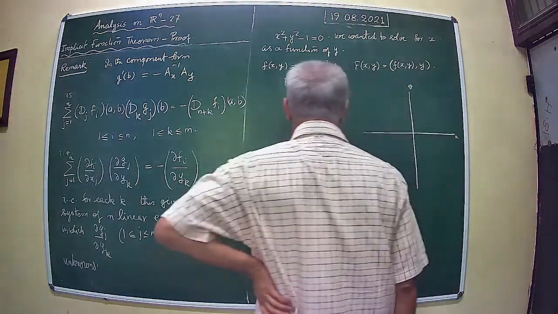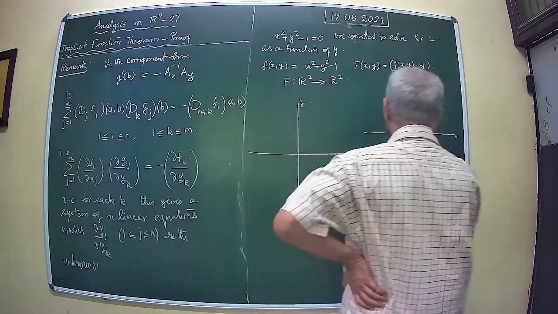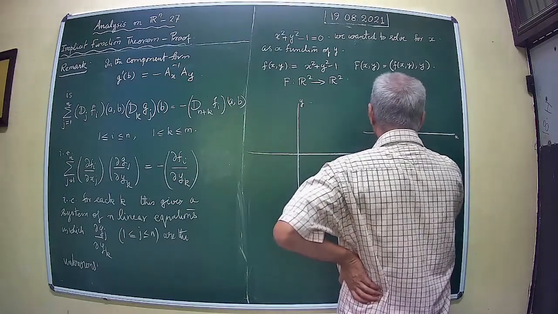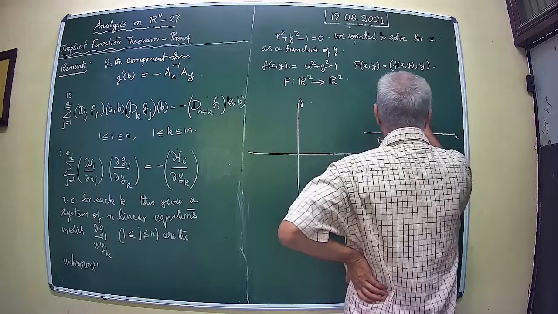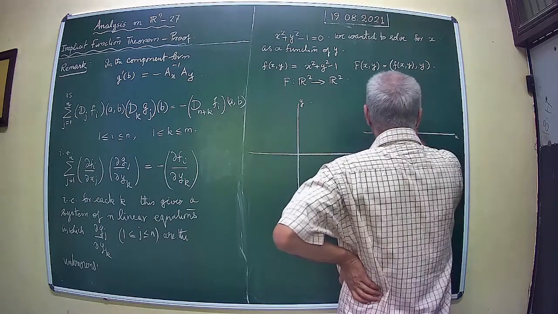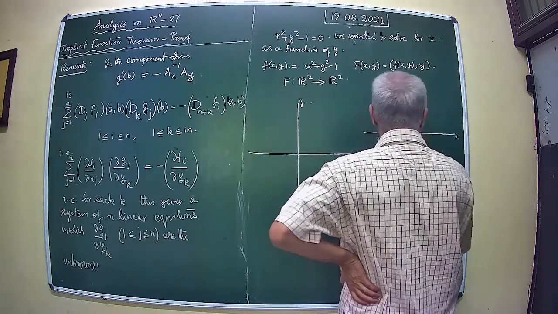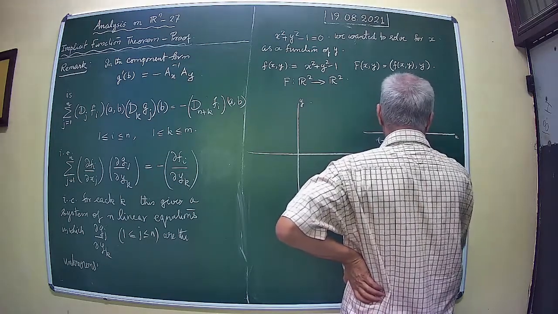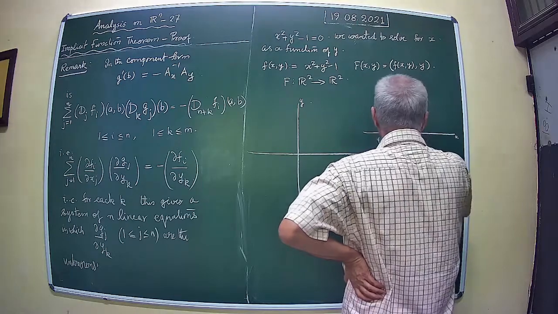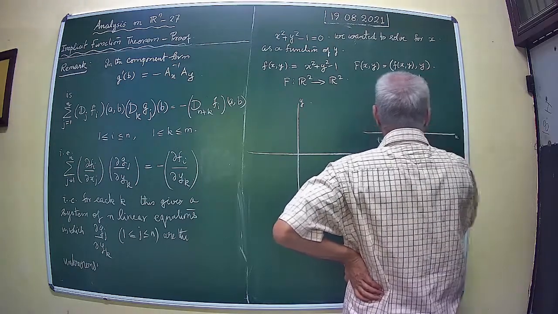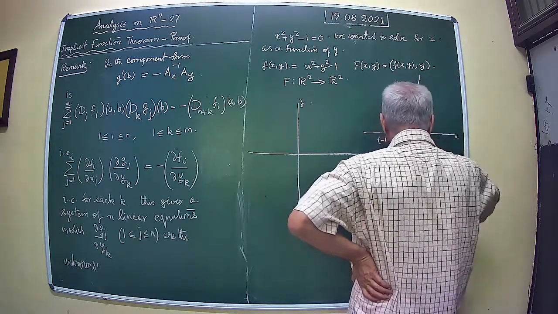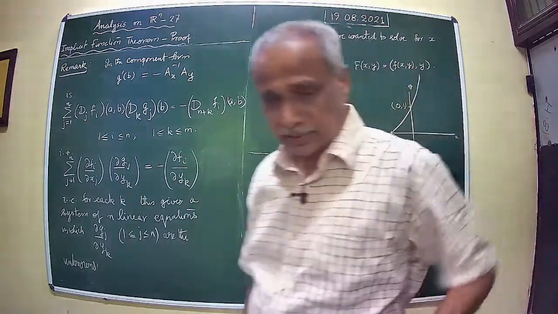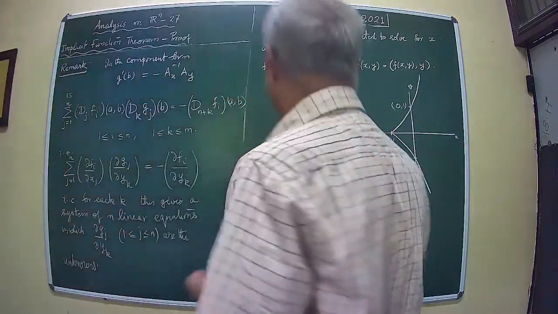This map gives you the following: -1, 0. This is the region into which the mapping takes place. So this is the range of f.